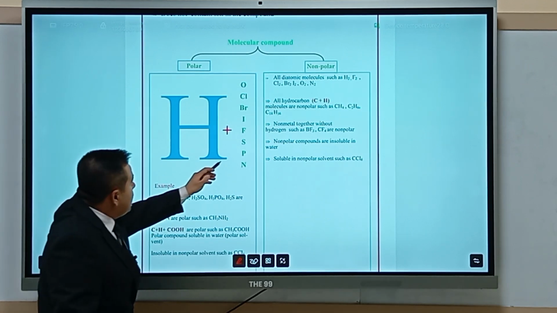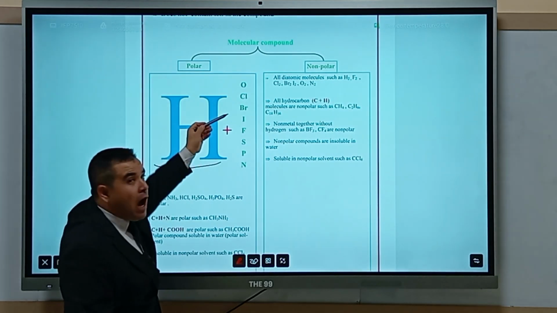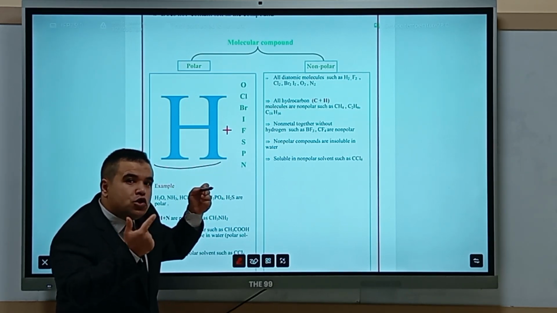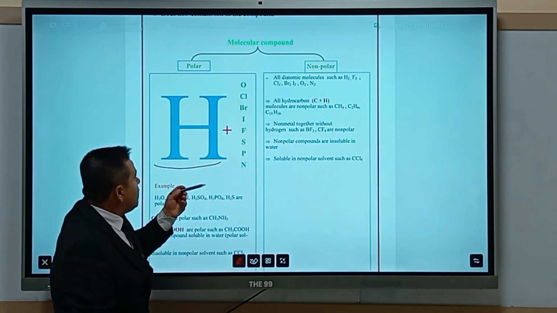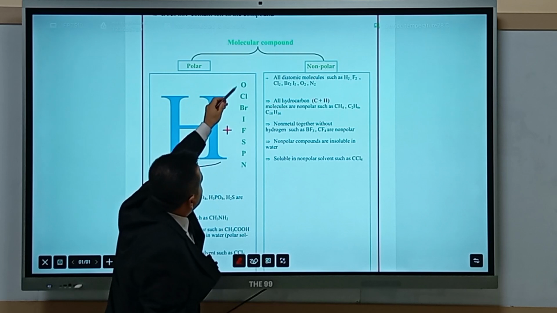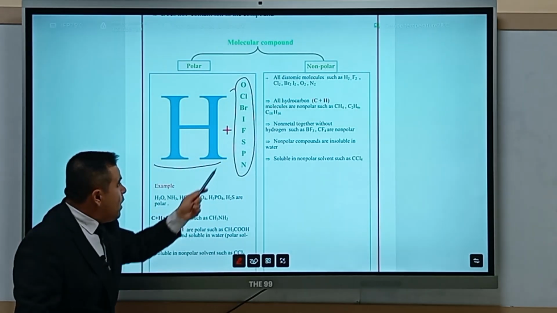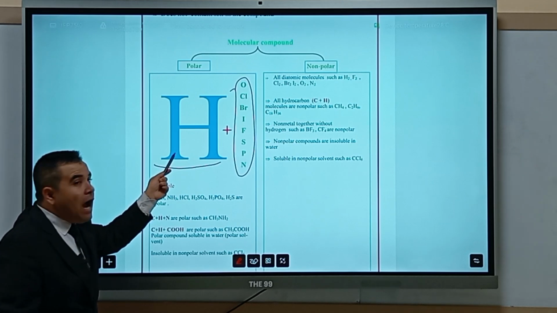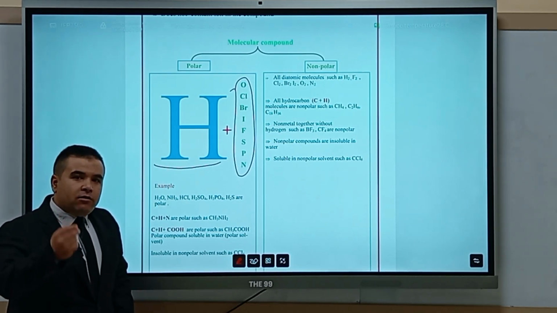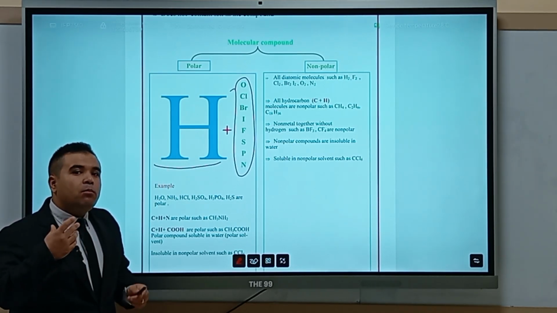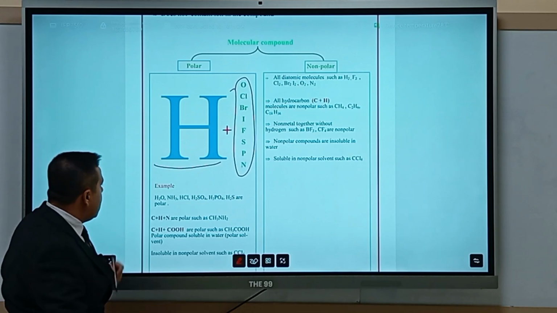The hydrogen with the halogens, oxygen, nitrogen, sulfur, and phosphorus. Whenever these 8 nonmetals combine with hydrogen, it results in a polar molecular compound.